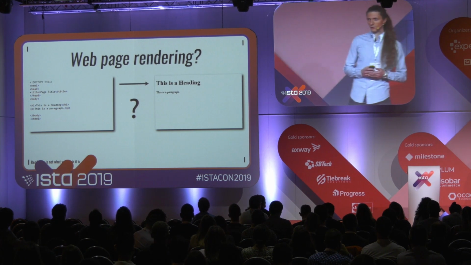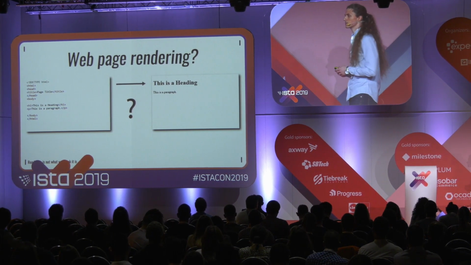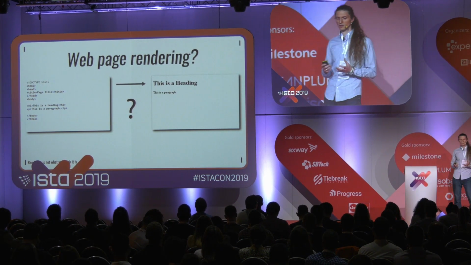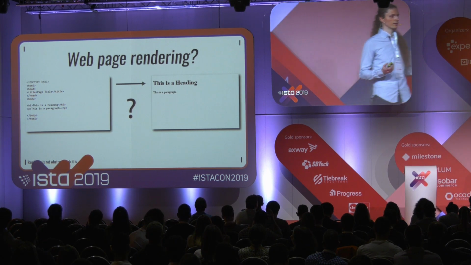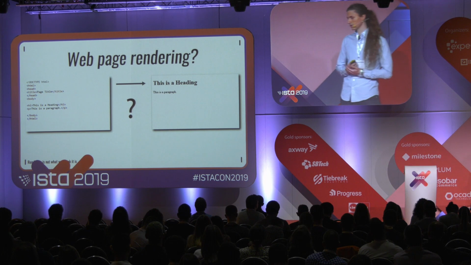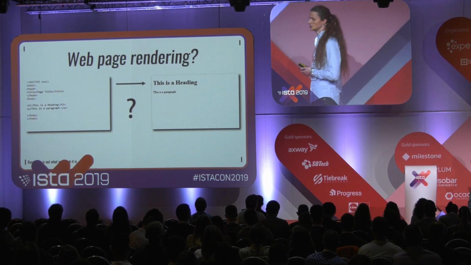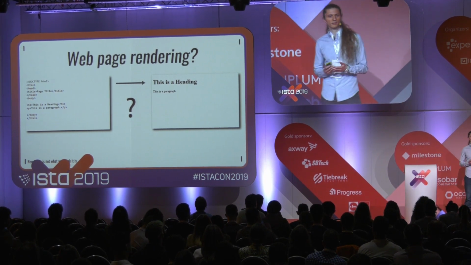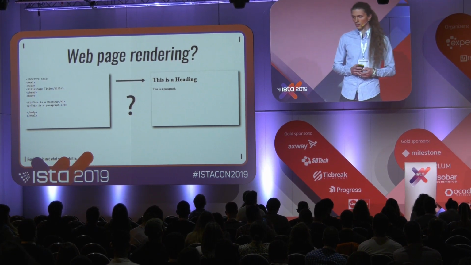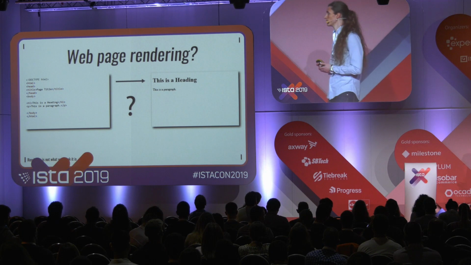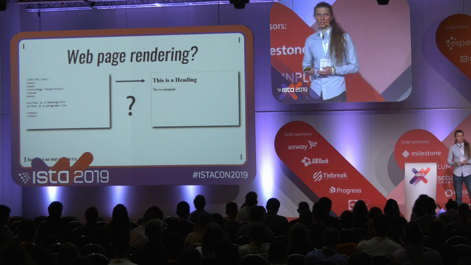For web development specifically, this is the process that takes the HTML markup as plain text that we know in the documents that we are downloading through the internet, and converts it into the actual web page that the user sees.